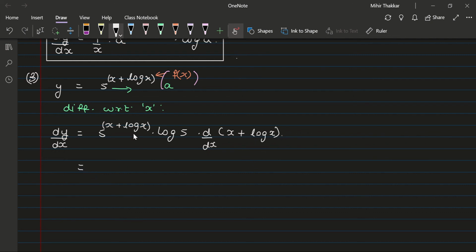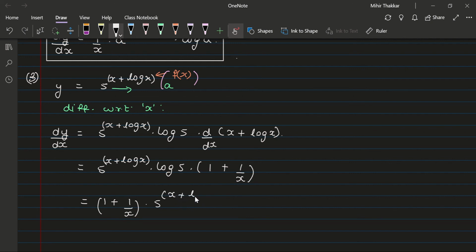Now we take down all these elements as they are: 5 raised to x plus log x into log 5 into, what is the derivative of x? It is 1. What is the derivative of log x? It is 1 upon x. And guess what? We are done with our answer. This completes our exercise. 1 plus 1 by x, 5 raised to x plus log x, multiplied by log 5.